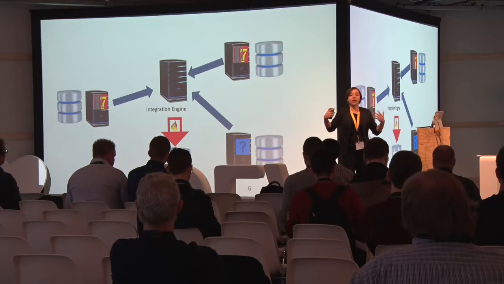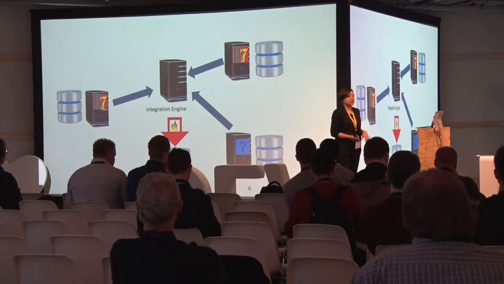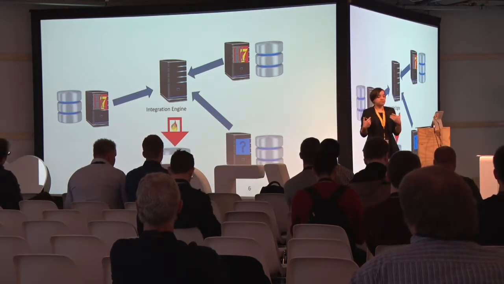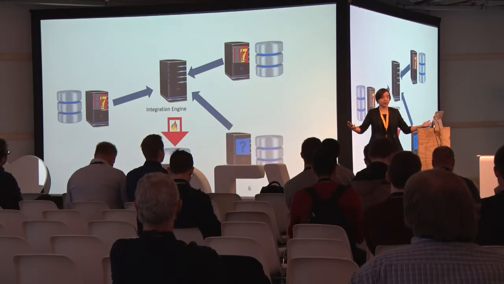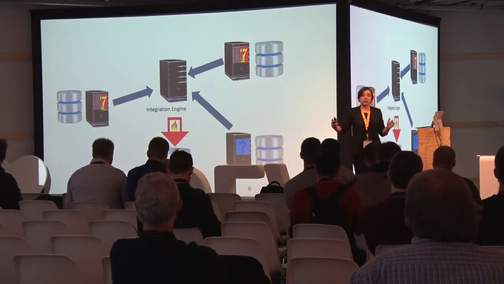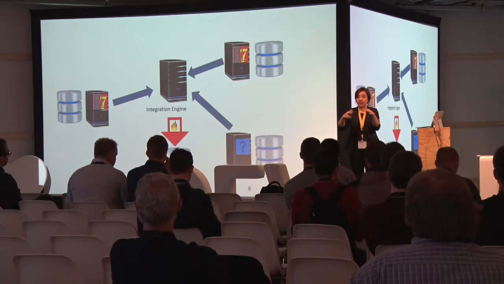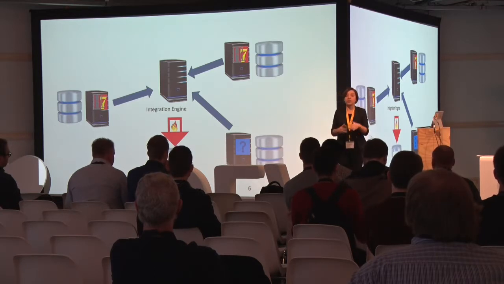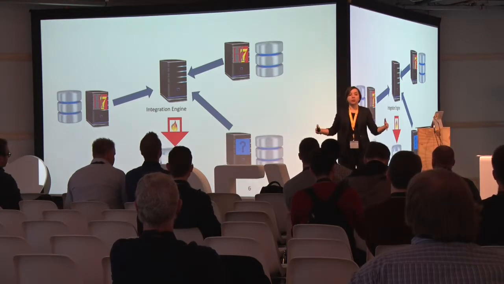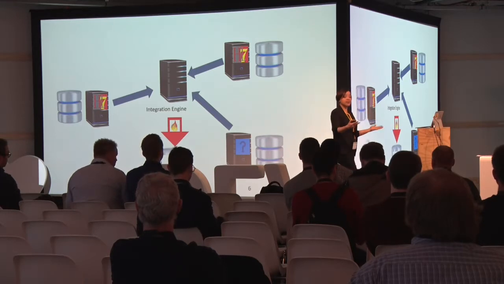So you might think that it's a good idea to take everything that you get from these systems that you have no other way of touching, use your integration engine to normalize it, make FHIR resources of all these diverse data, and just store it in one generic FHIR server so that you have all your data available for queries. Because if it's in the FHIR server, you can access it all the time.